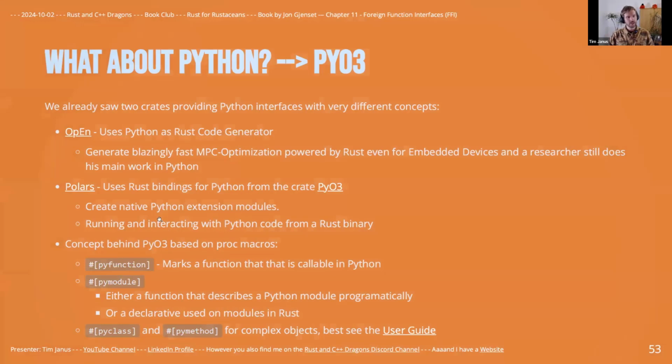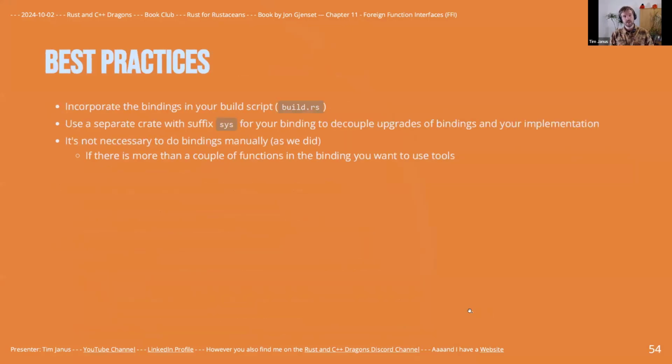The tutorials were not recorded, but this was on Rust Nation. And there the idea is that in Rust you mark some functions with procedural macros. You can describe what should go in my Python interface, and then you use the Rust implementation as a Python module. So when that's your thing, check out the user guide.